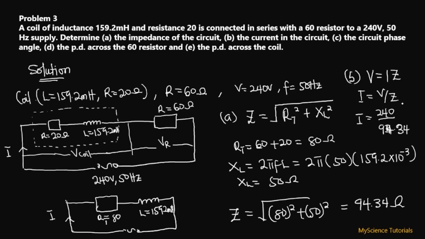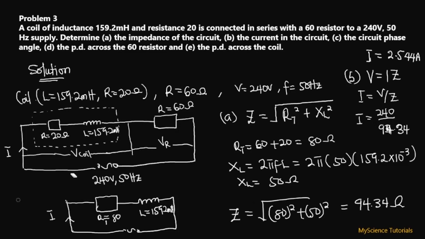So if we compute everything into the calculator, we are going to get our current to be equal to 2.544 amperes.